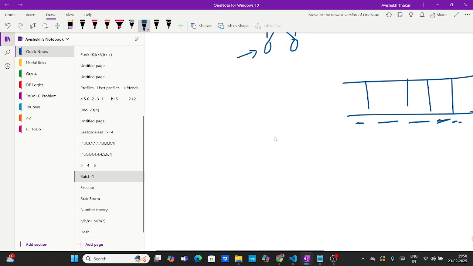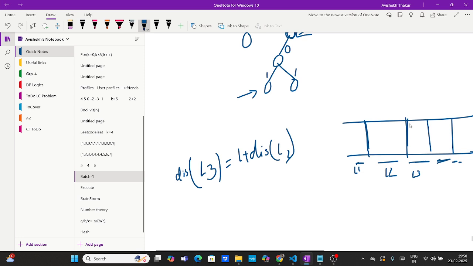The purpose of that is, let's say this is L1, level 1, level 2, L3. Can I say the distance of L3 is always... If you remember, every time we went level wise, the distance would be one extra than the previous distance, right?